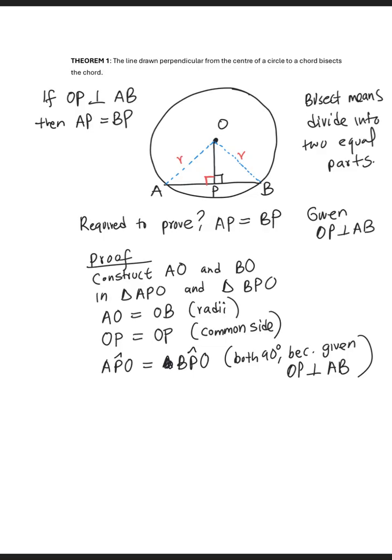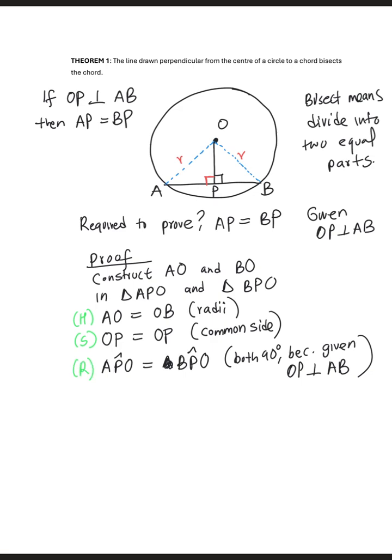And then now we can show that AO represents the hypotenuse, right? Because we are dealing with right angle triangles. So we have the hypotenuse, and then we have a side, and then we have what? A right angle.